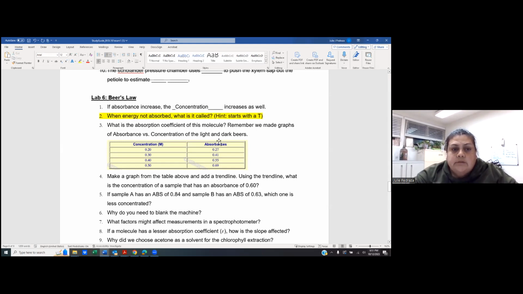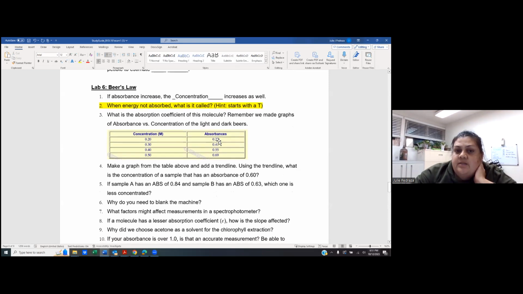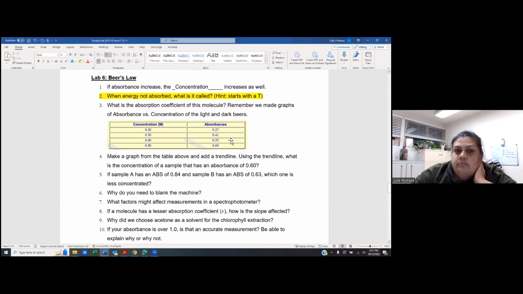Okay. What is the absorbance coefficient of this molecule? So the absorbance coefficient, and he's referring to all these here. Do you guys remember what the absorbance coefficient was? The equation.